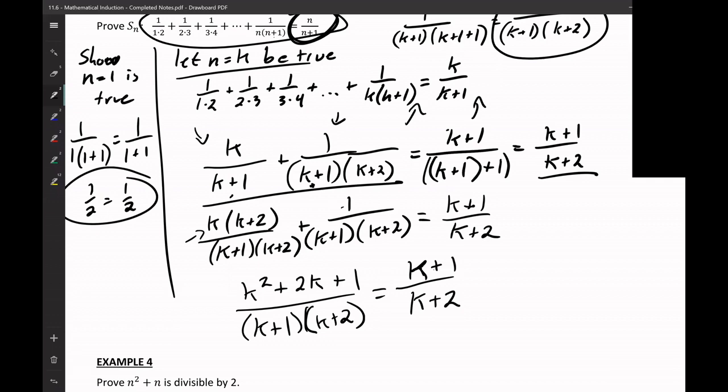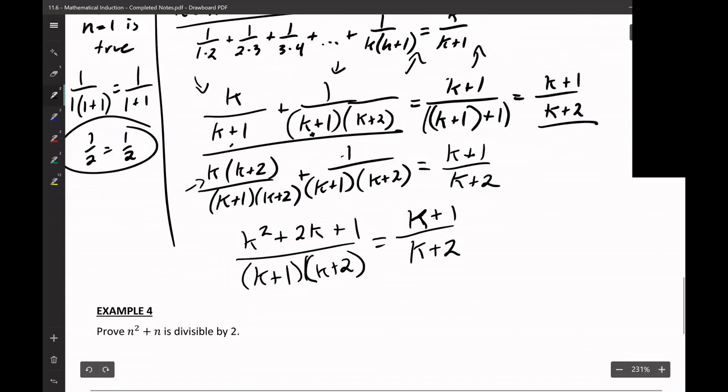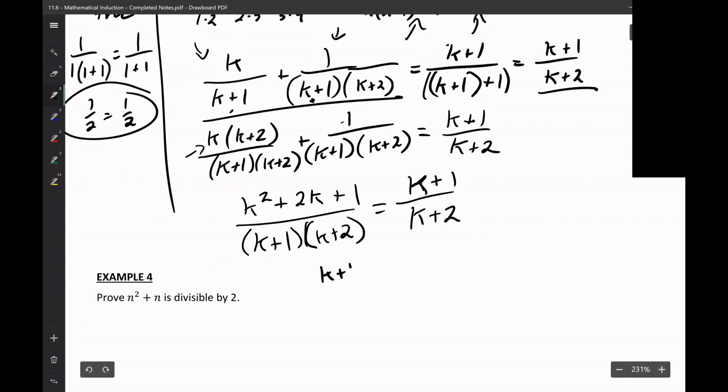This expression on the top can factor, and if you guys remember, it factors to k plus 1 quantity squared. So this becomes k plus 1 quantity squared over k plus 1 times k plus 2, and this is equal to k plus 1 over k plus 2.